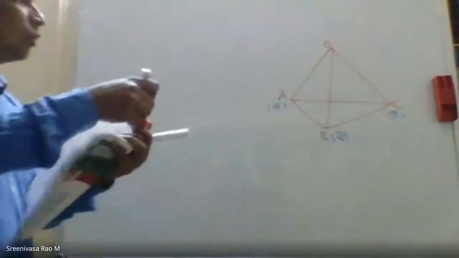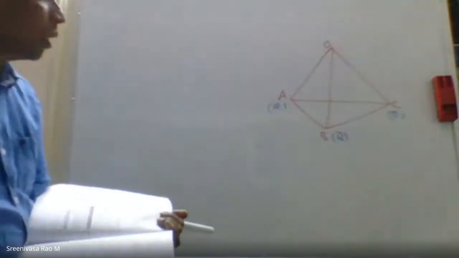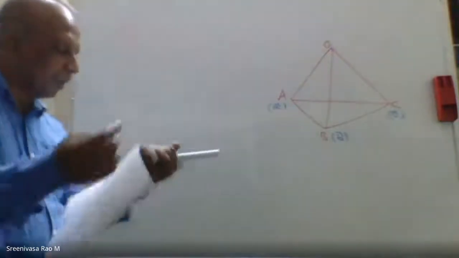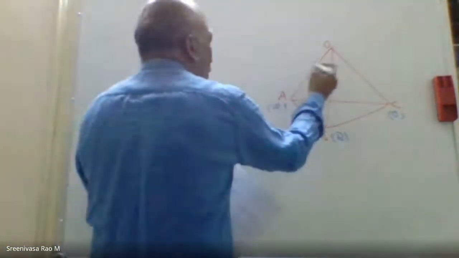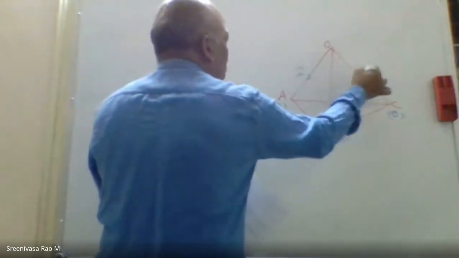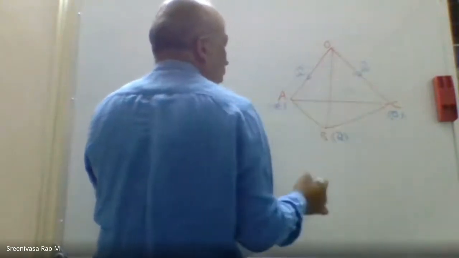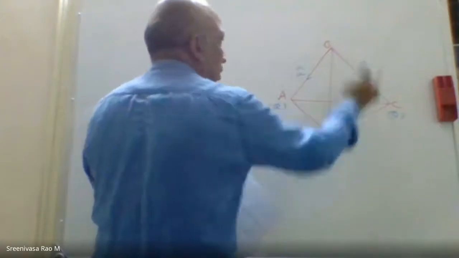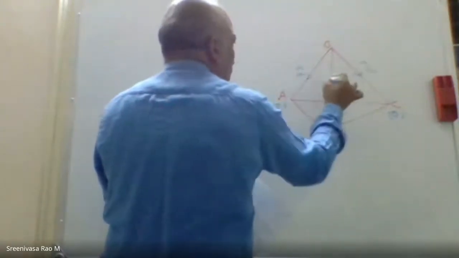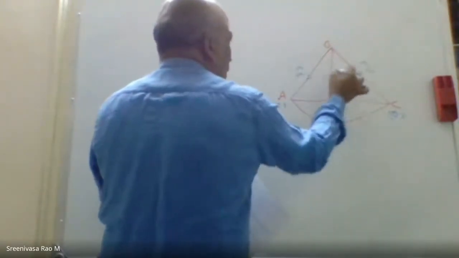OA bar is equal to A bar, OB bar, correct? I'm talking about like this. This is OA bar, so this is OB bar, right? This is B bar, so this is C bar. So this is, you can see, B bar, right?